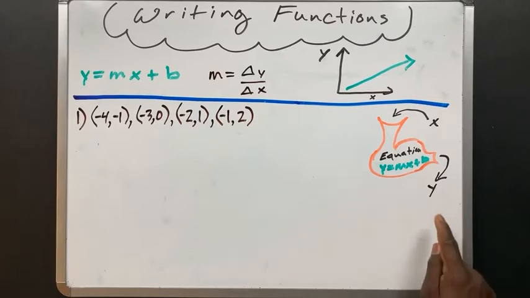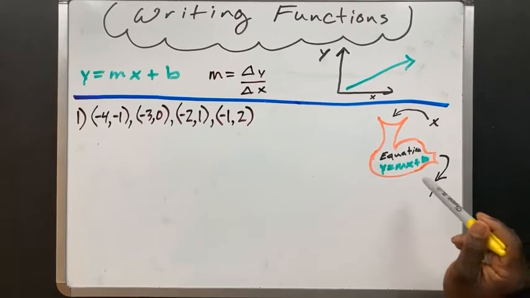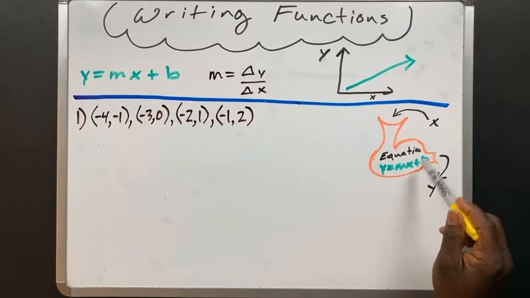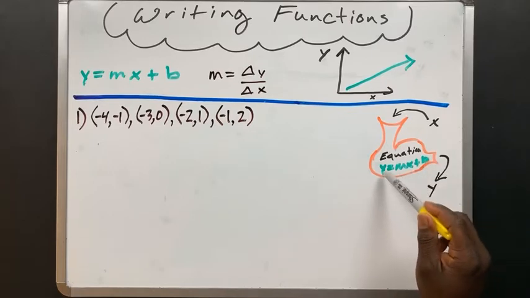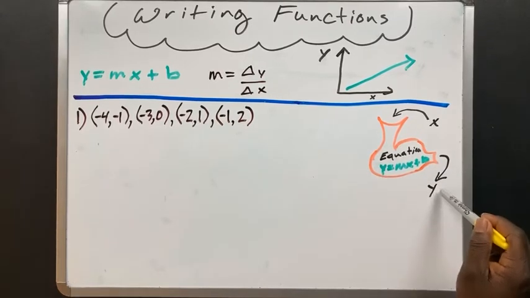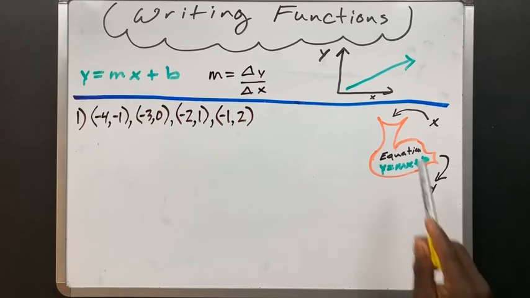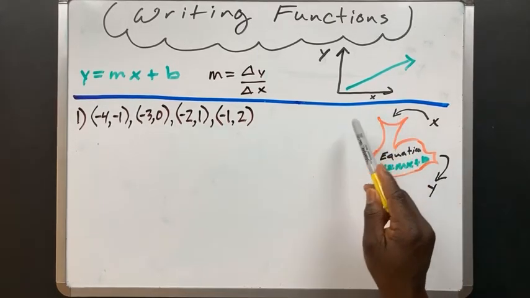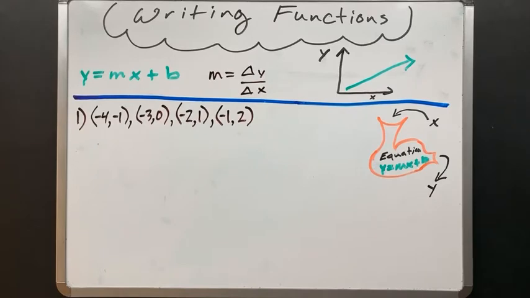And then what comes out is the dependent variable, y. So you would substitute a value of x, do the math, and what comes out would be the y value. Remember, x represents the independent variable, y represents the dependent variable.